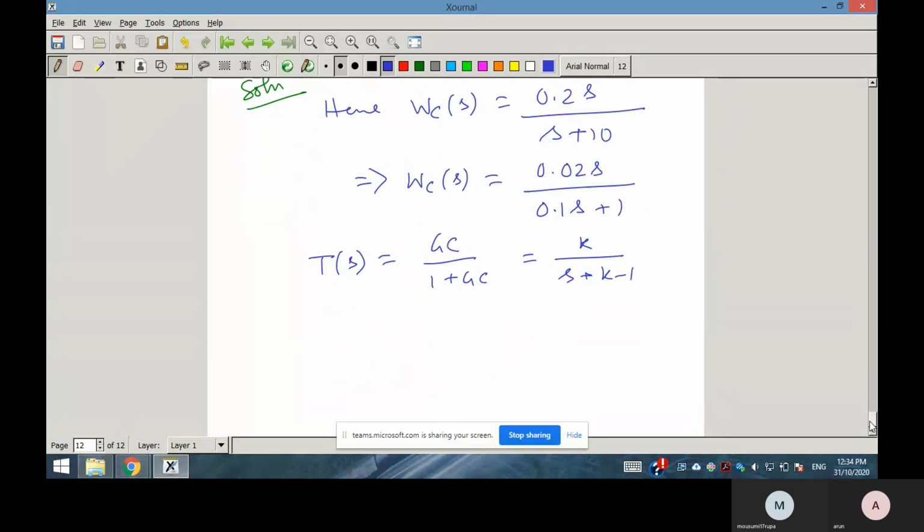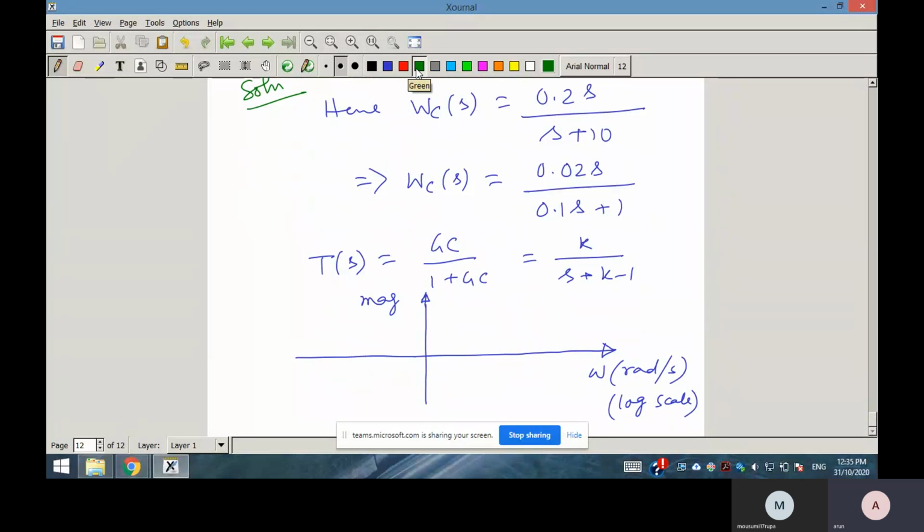So now if you draw the asymptotic Bode plot, it will look like this. Omega is in radian per second, log scale. Remember that. I should not write every time, but for the timing I'm writing. This is magnitude.